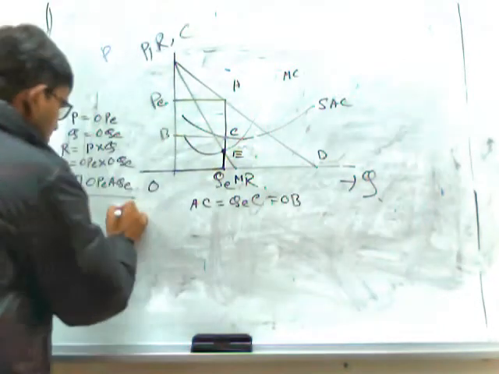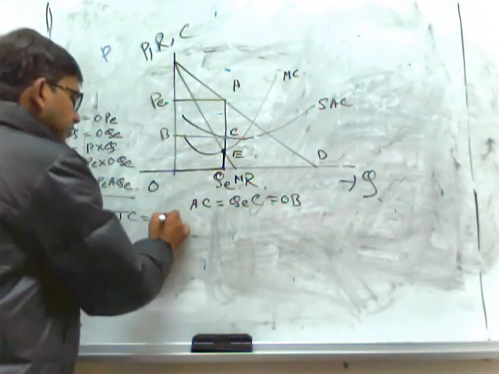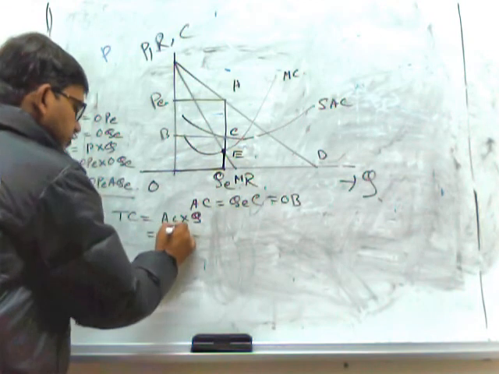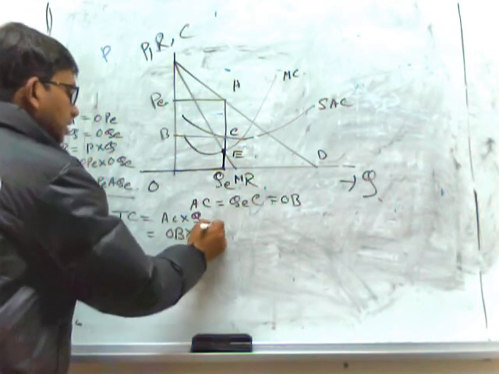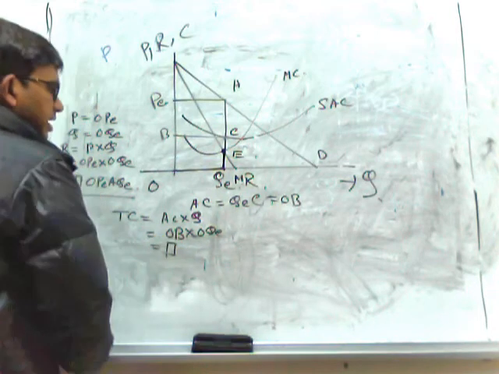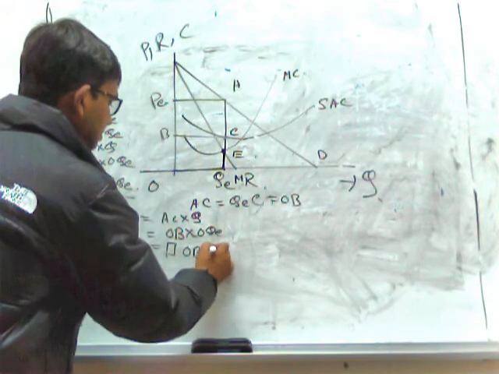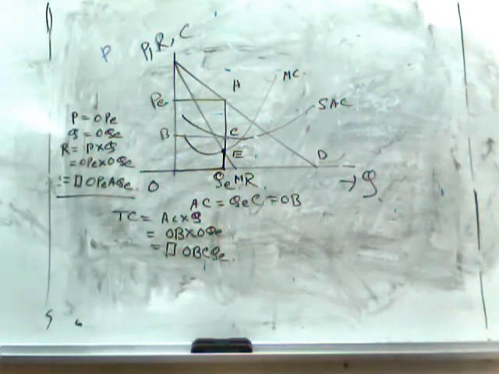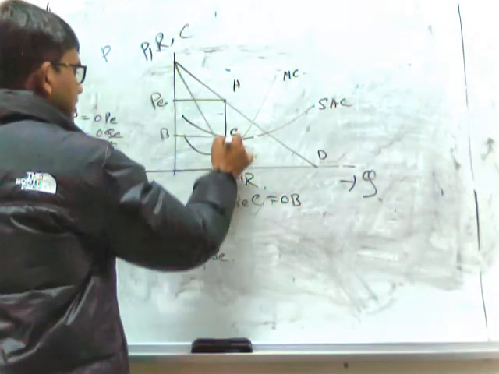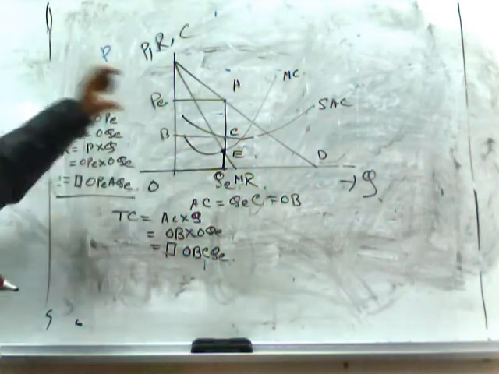So total cost is average cost multiplied by output. So average cost OB multiplied by OQE will be represented by the area of the rectangle OBCQE. So OPAQE, the area of this rectangle, represents revenue.